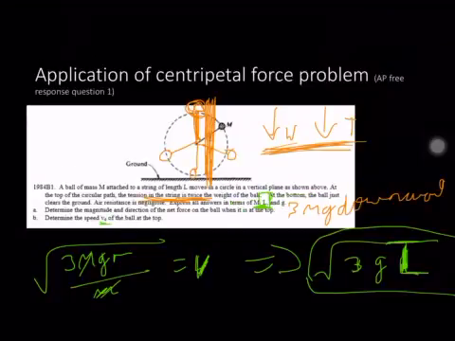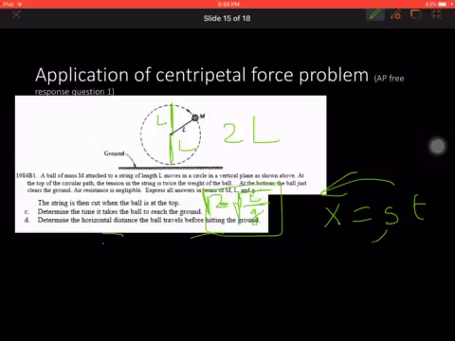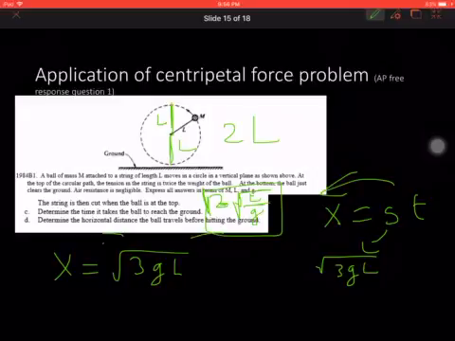The speed was root 3GL. And time was 2 root L over G. So if you want to find x, you multiply root 3GL times 2 root L over G.